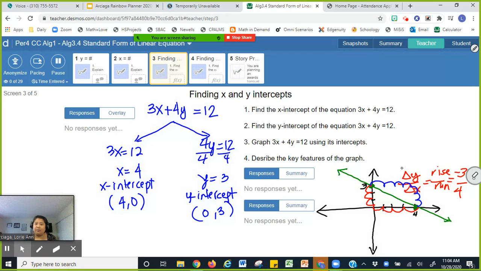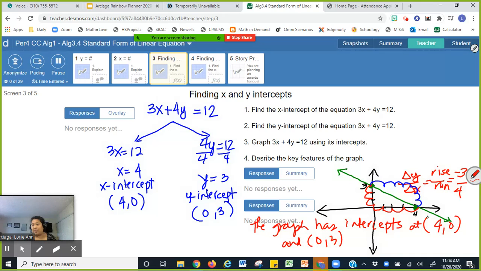Okay, so let's describe the key features of the graph. So the graph has intercepts. So intercepts are where the graphs cross your x and y axis. So you call them x and y intercepts. So you can say the graph has intercepts at 4, 0, and 0, 3.